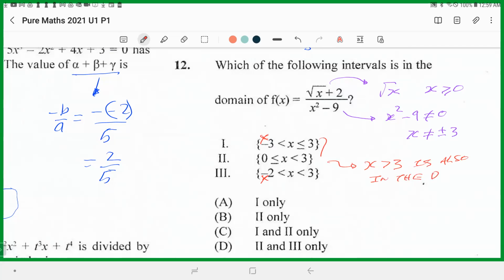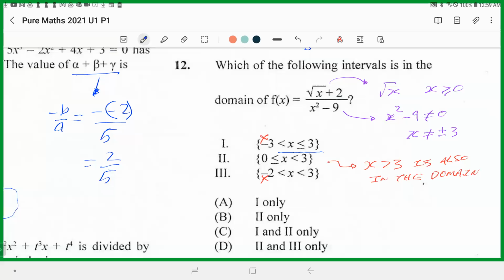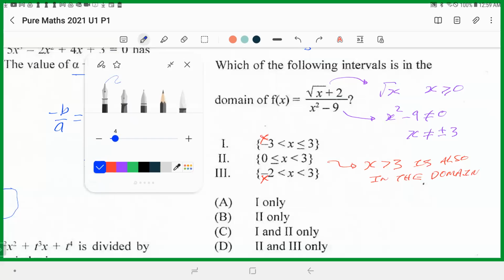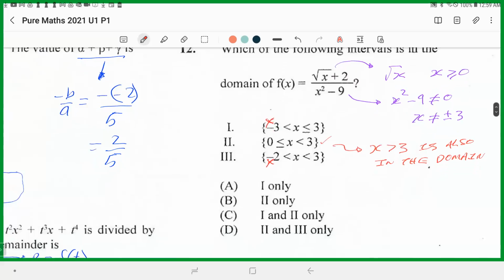They just ask which of these 3 is in the domain. X greater than 3 can also be in the domain. They just can't equal 3 and can't equal negative 3. And also we are saying it has to be greater than 0. So the answer must be this one, 2 only. So remember, tick it. Since I put x on those 2, I'm going to tick this one. So it's 2 only that can be in the domain.